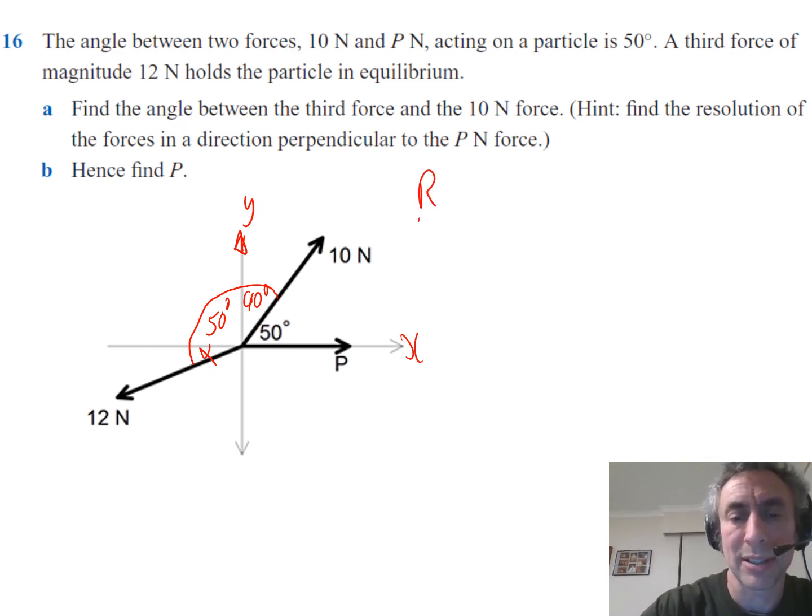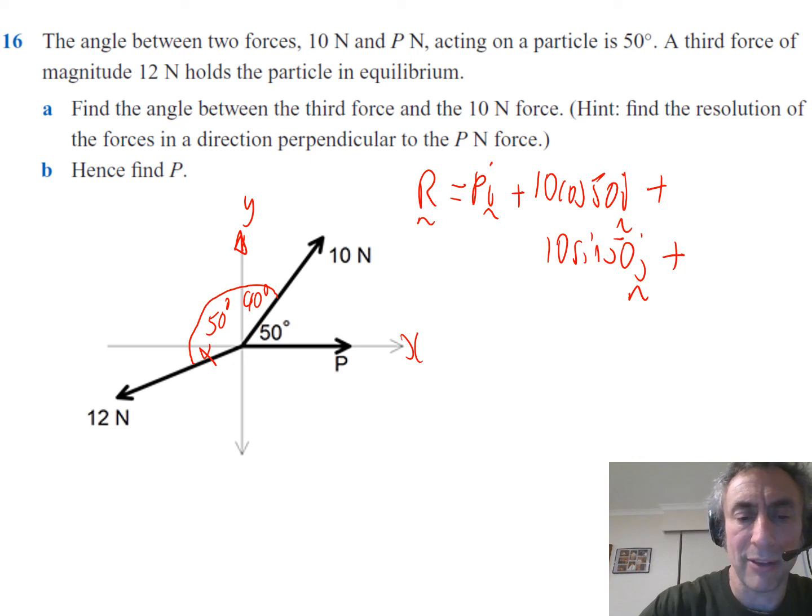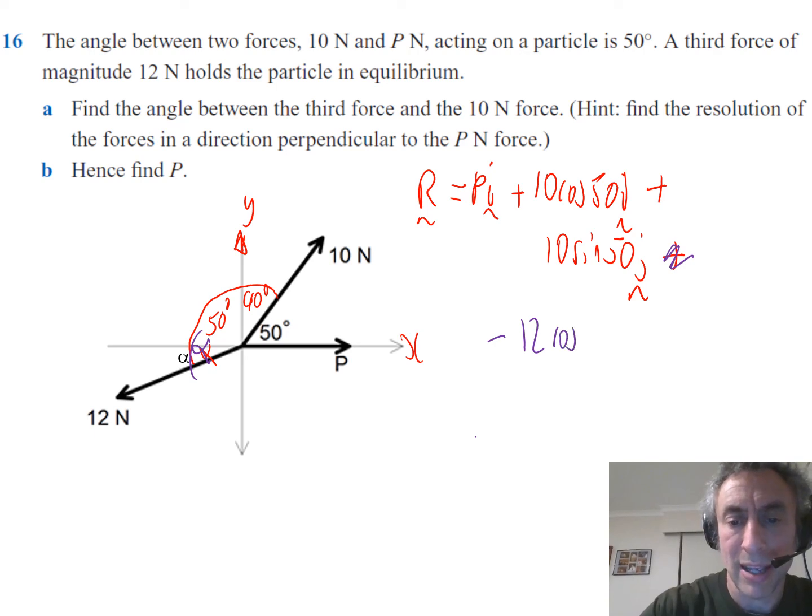So the resultant force will be equal to Pi plus 10 cos 50 i plus 10 sine 50 j, plus, so I'm calling that alpha, minus rather, let's just change that to a minus 12 cos alpha i minus 12 sine alpha j.